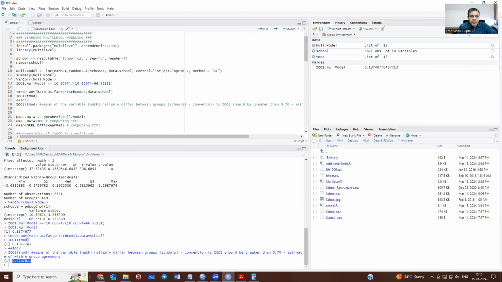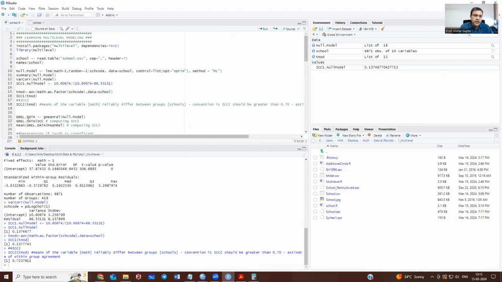That means the mean of math for group 1, group 2 up till group 419 are significantly different from each other, and our cutoff of ICC2 is that it should be greater than 0.70. So our ICC2 is actually greater, so we are again getting evidence that there is significant difference across groups of our variable of interest.